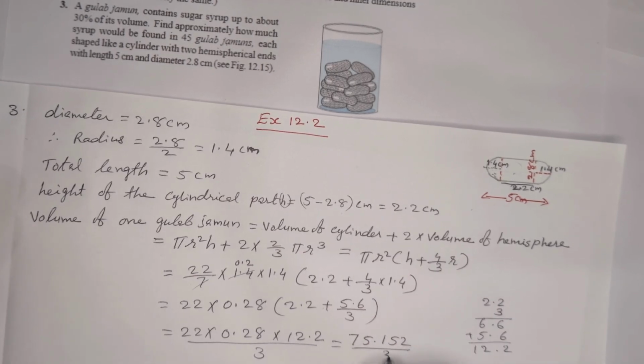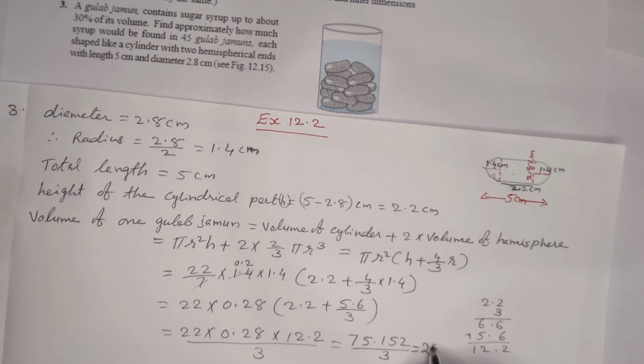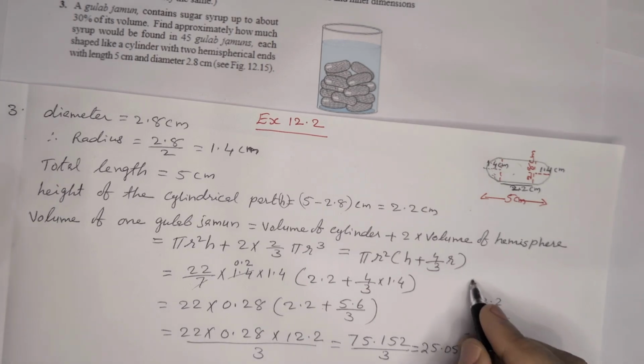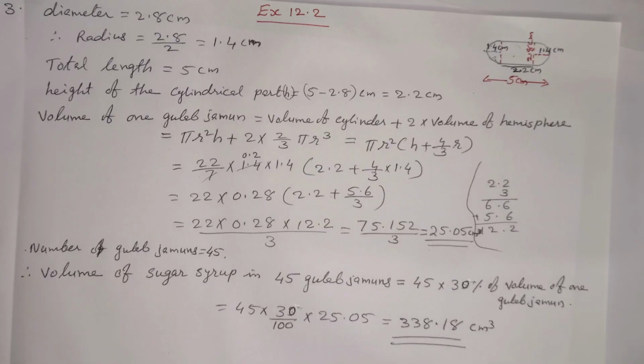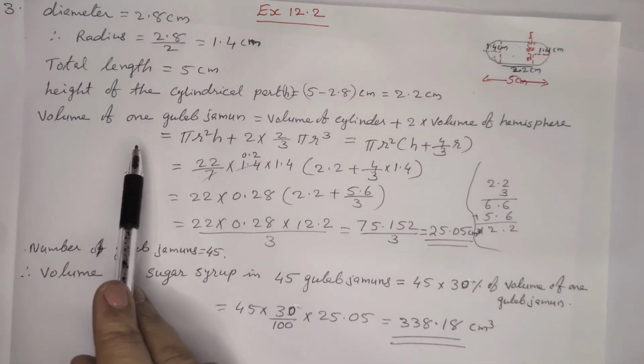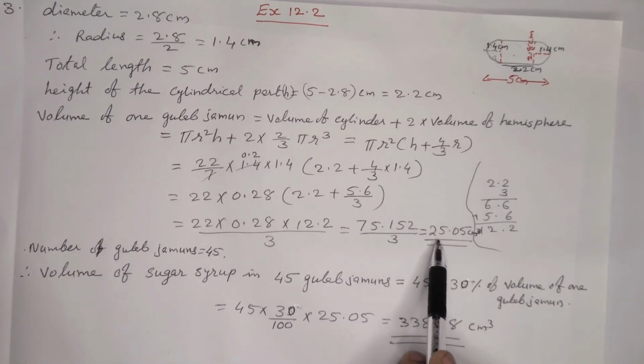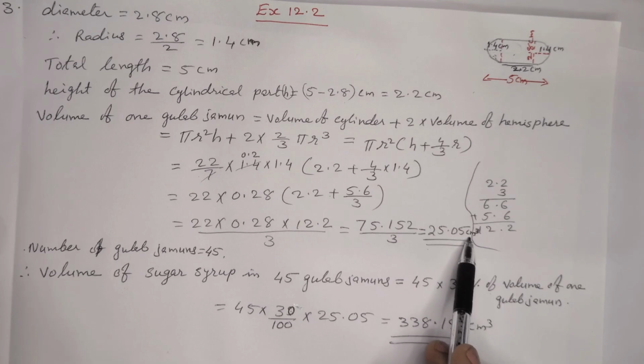That divided by 3 is equal to 25.05. Here we got the volume of one gulab jamun, that is 25.05 centimeter cube.